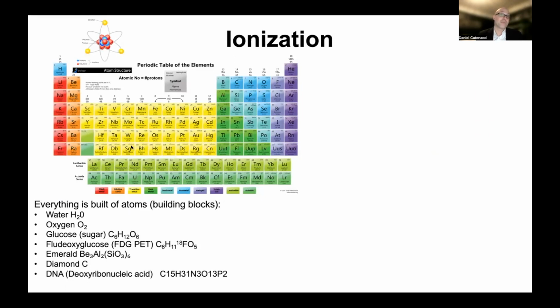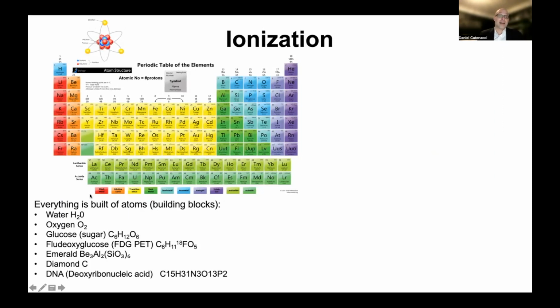Remember, an atom is composed of protons, electrons and neutrons. The number of protons usually indicates where it will be listed on this table: 1 proton, 2 protons, 3, 4, 5, 6, etc. Usually there's an equal amount of electrons to give it a neutral charge.